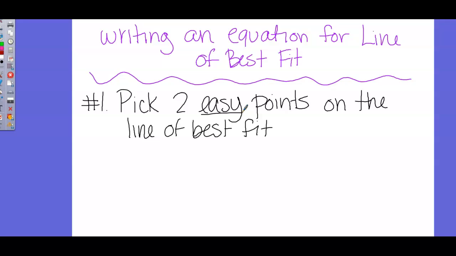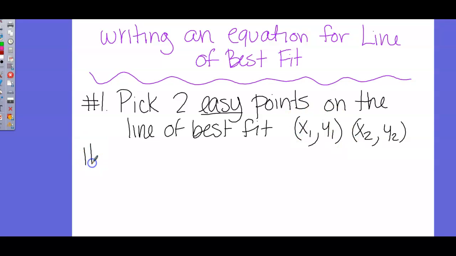You don't have to say, well, I think it's about 61. I don't really know, though. So pick 2 easy points, the ones that you know exactly what its x is and exactly what its y is. And then you'll have x1, y1, and you'll have another point that is x2, y2. So those are the 2 points that you picked.